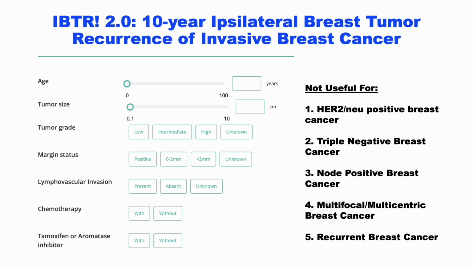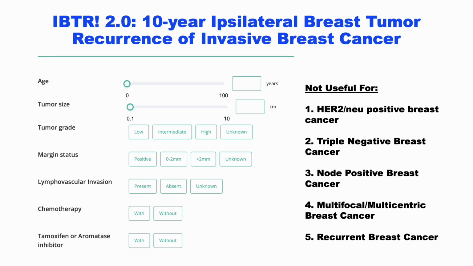Although there are multiple genomic assays to assess the total body risk of recurrence after a diagnosis of invasive breast cancer, there are currently no validated commercially available genomic tests for estimating the risk of local recurrence after lumpectomy for invasive breast cancer.